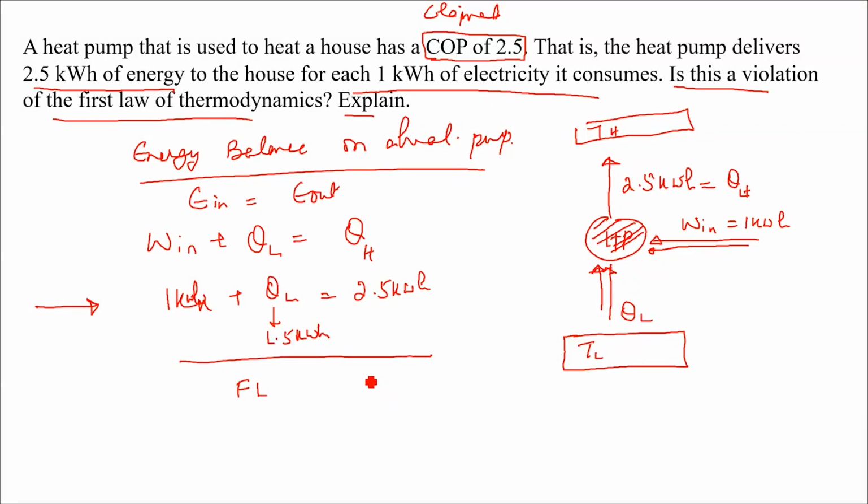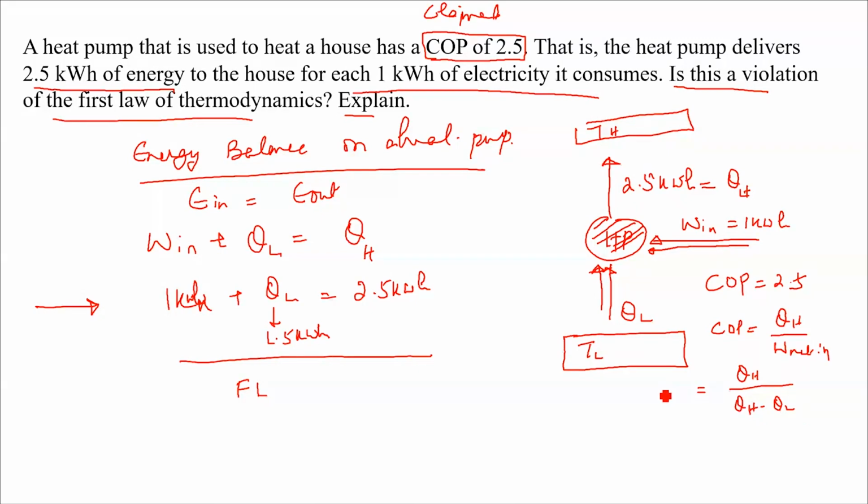Yes, sir. Now, I have been given COP as 2.5. COP for a heat pump is basically QH divided by work net in. All right. And work net in is QH minus QL.